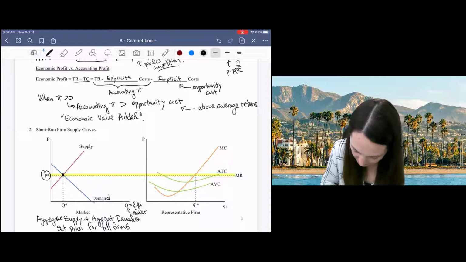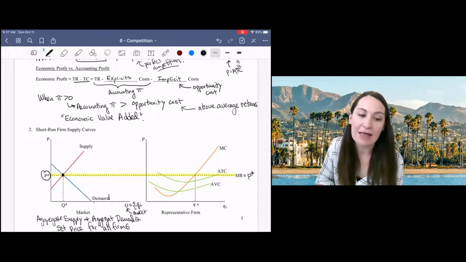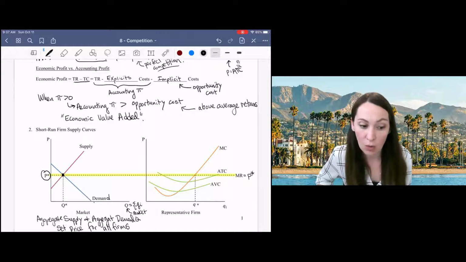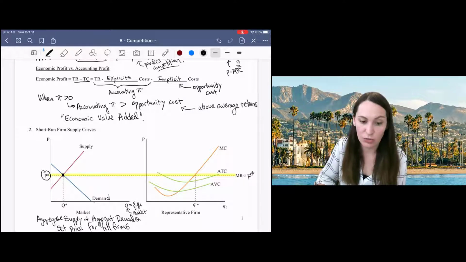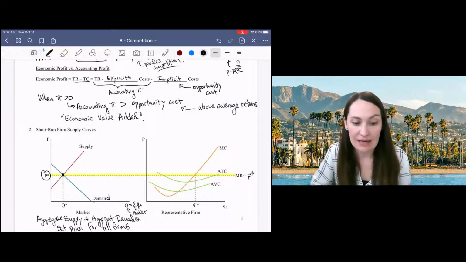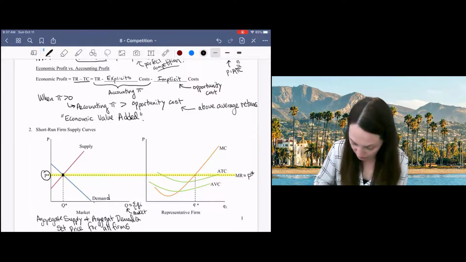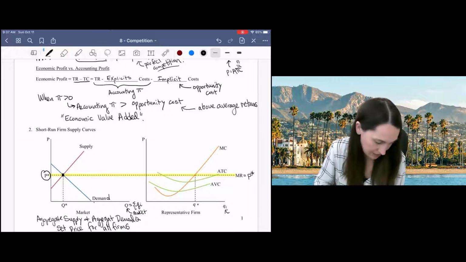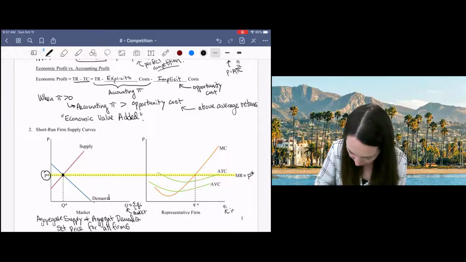Firms then, because they're price takers, observe the market price and then make their individual profit maximizing choice. So this picture here on the right is a representative firm. So we have one firm here, little q for the individual firm's quantity.